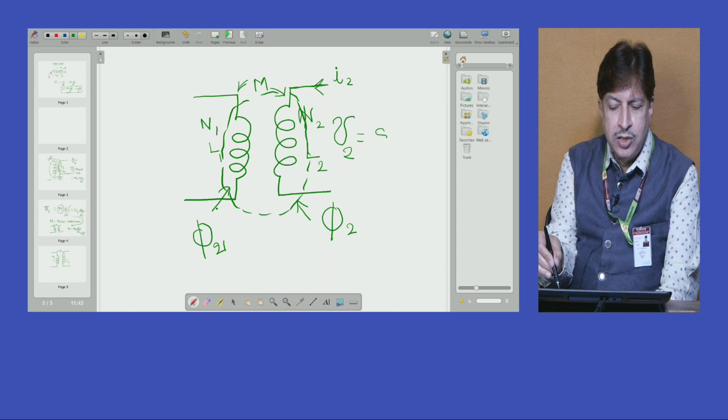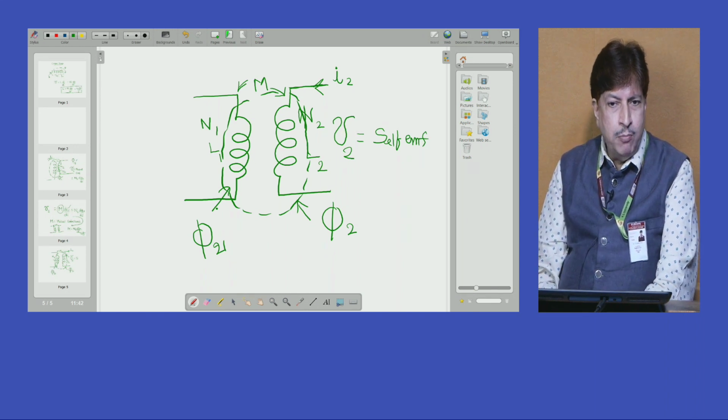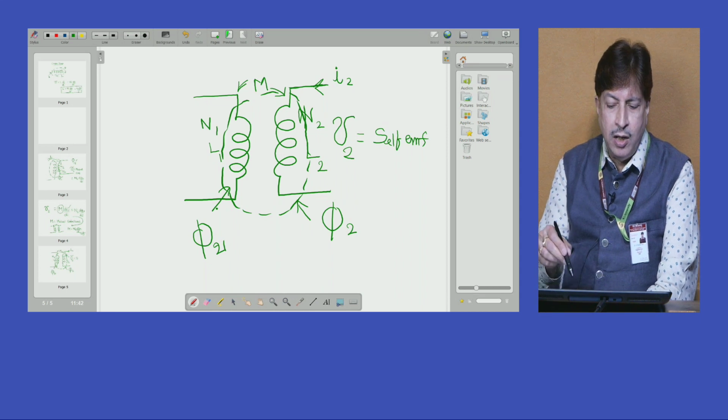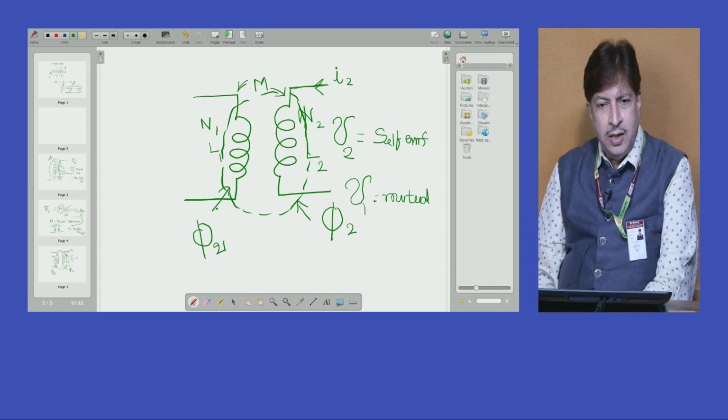V2 is self EMF. And mutual EMF in the other coil obviously is V1, which is mutual EMF. Let us represent V2 and V1 based on the notations we discussed.